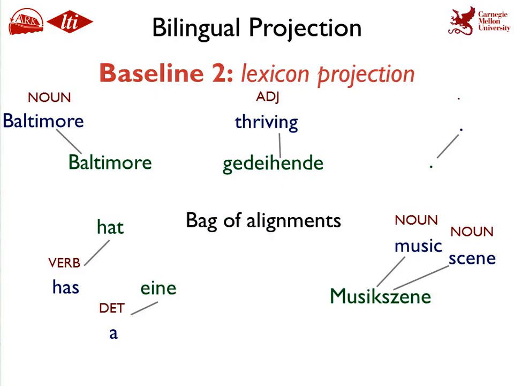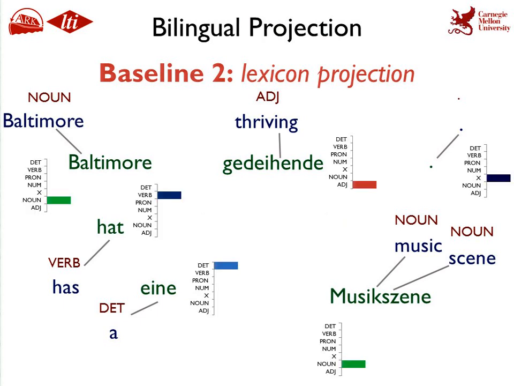Now, in the next step, you can project softly the distribution over tags for the English side to your target language side. Over here, each of them has only one tag so far that has got all the weight. As and when you encounter more parallel data with the English words tagged, you can update the projected distributions.